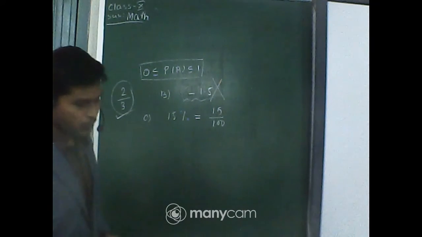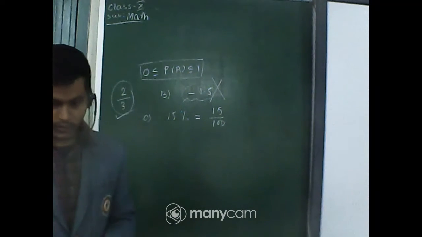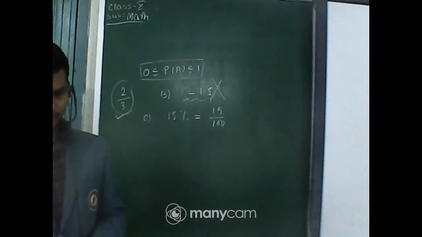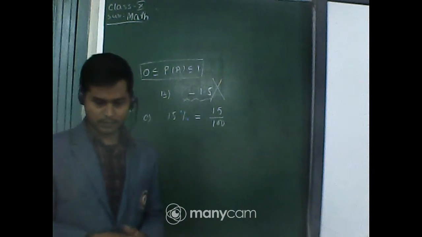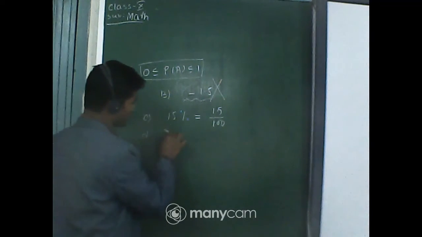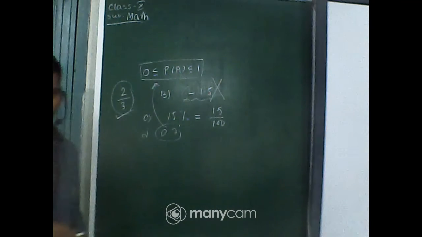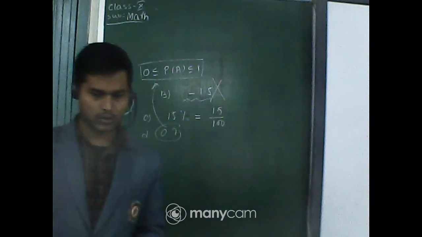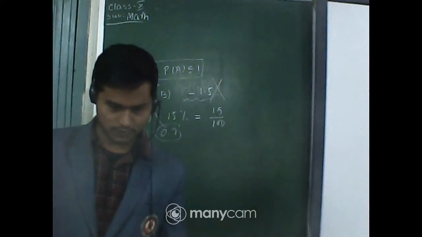The next number is 0.7. Is it the probability of an event? Obviously, 0.7. This number also lies between 0 and 1. So this is also the probability of an event.